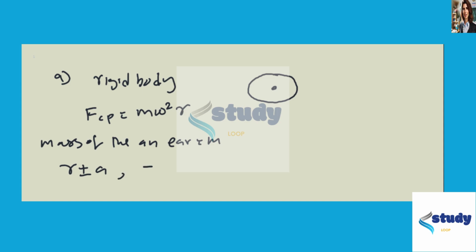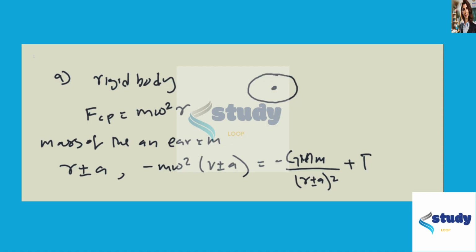So we can write minus m omega squared (r plus or minus a) is equal to minus G times capital M times small m divided by (r plus or minus a) whole squared plus T. T is the tension force.